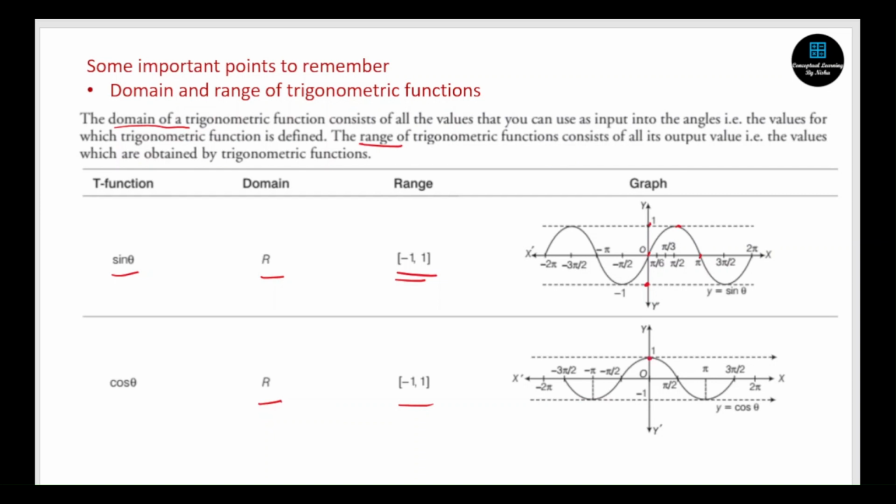Now here if you see, this is nothing but cos 0. So cos 0 is 1. Cos pi by 2 is 0. So this is how the graph goes. These are for the negative values. Cos pi is -1. So this is how the graphs of sine and cos look. Alright. Perfect.